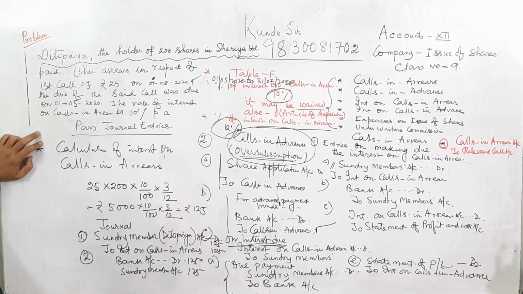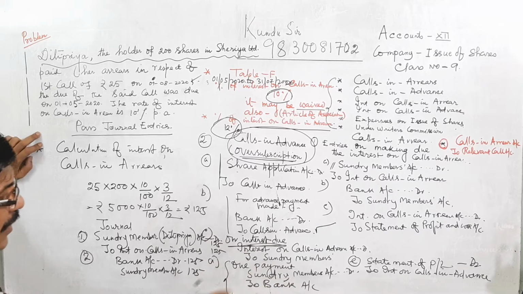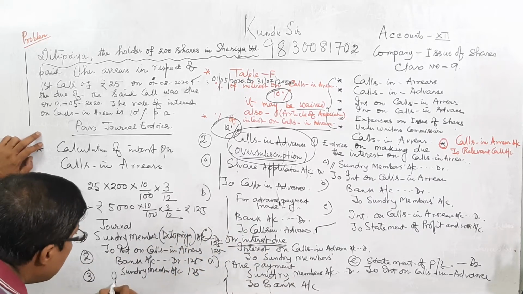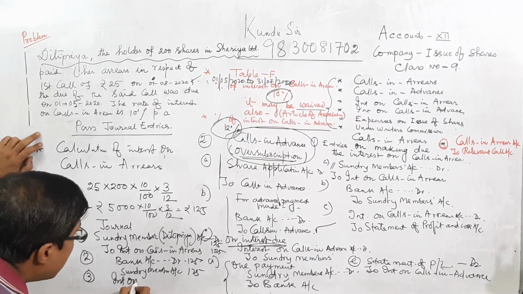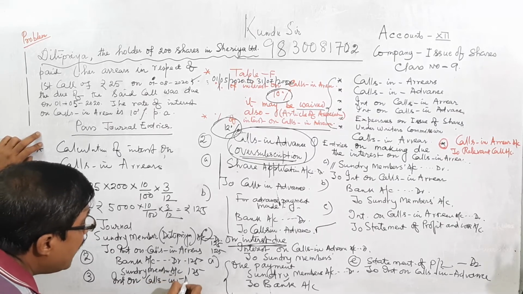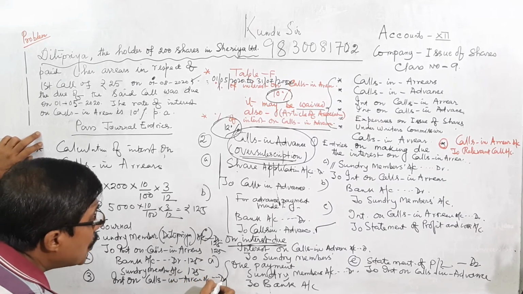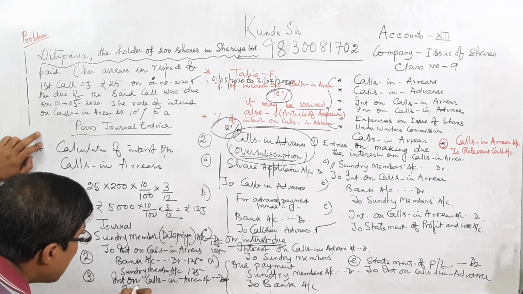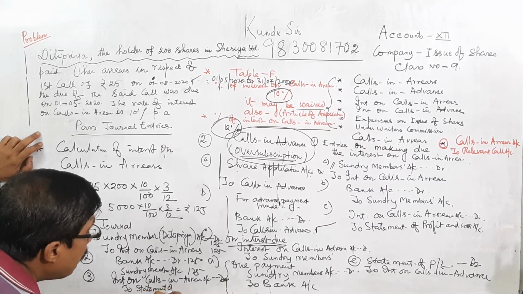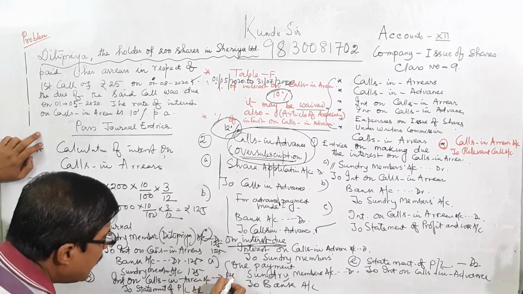Now the interest we are transferring to profit and loss account. That means interest on calls in arrear account debit to statement of P&L account, that is 125.